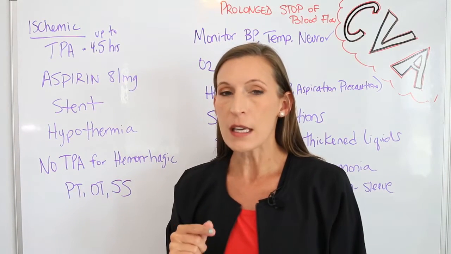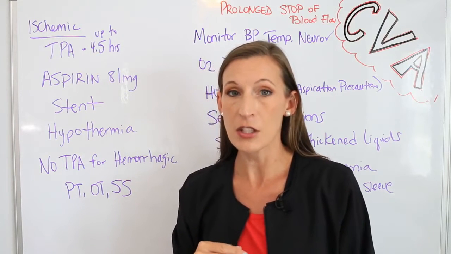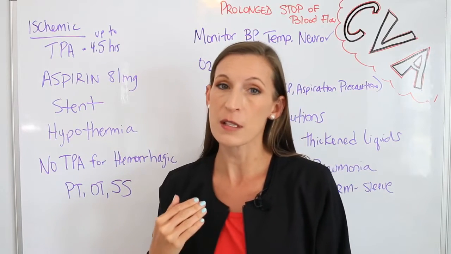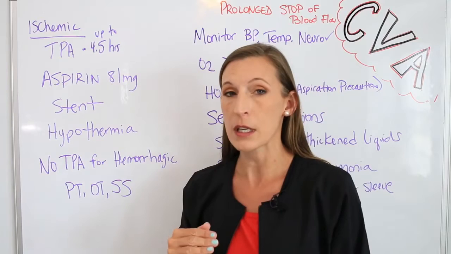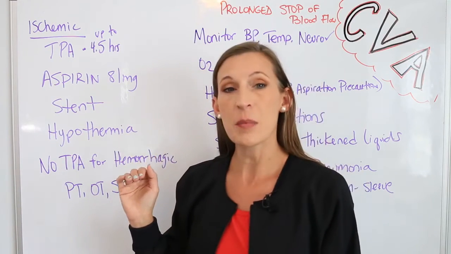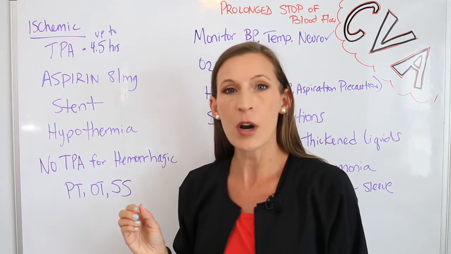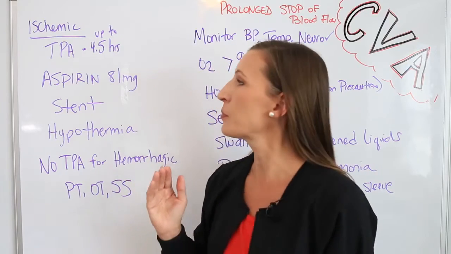If the stroke is a hemorrhagic stroke, they cannot have this medication because it will make their stroke worse. Because the hemorrhagic stroke is bleeding, and we don't want to give them anything that will increase bleeding. So no TPA for that, because TPA is for an actual clot. And a hemorrhagic stroke is not necessarily from a clot, it's from a busted vessel.